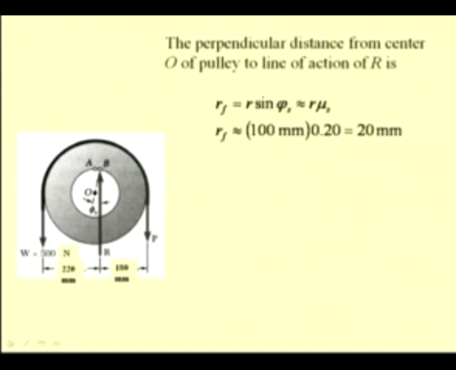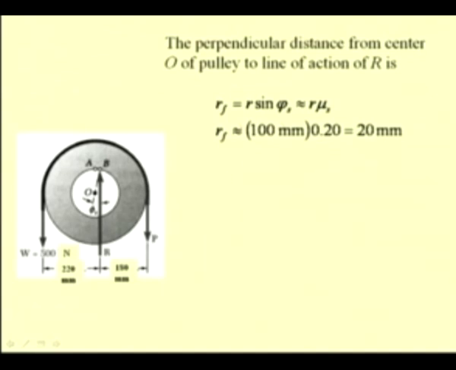We find the radius of friction as R sin phi s, because here it is an impending slippage case, and so we take the coefficient of static friction. So, the radius of the circle of friction will be R sin phi s, which for a small angle is equal to R tan phi s or R mu s.